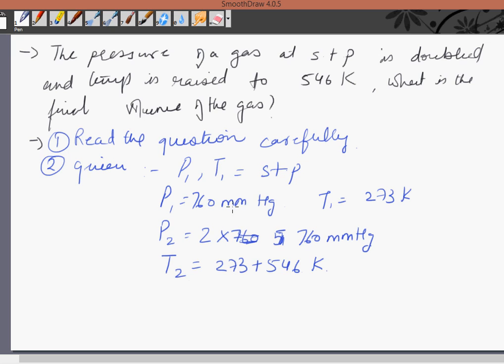Never forget to write the units afterwards, right? So what is V1? V1 is V1 and we have to find the V2.